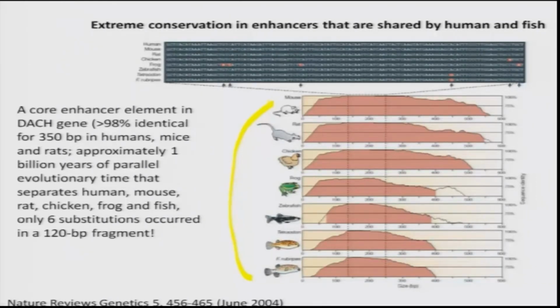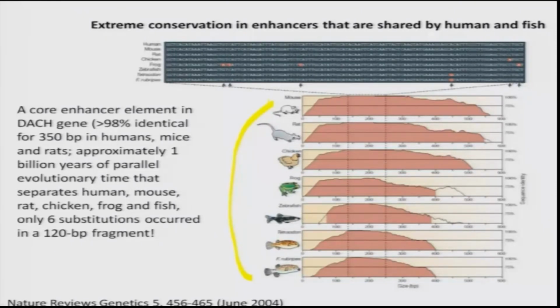Therefore, there is no constraint on protein sequence, but it is purely the base sequence, which is 98% identical for 350 base pairs in humans, mice and rats. Across the evolutionary time that separates human and fish, you find that this 220 base pair fragment remains frozen, it did not change at all.